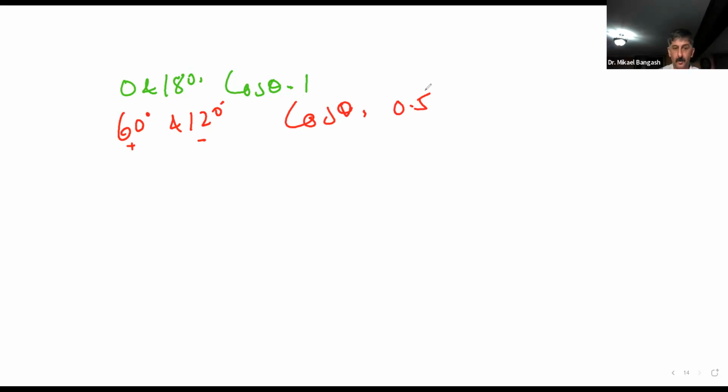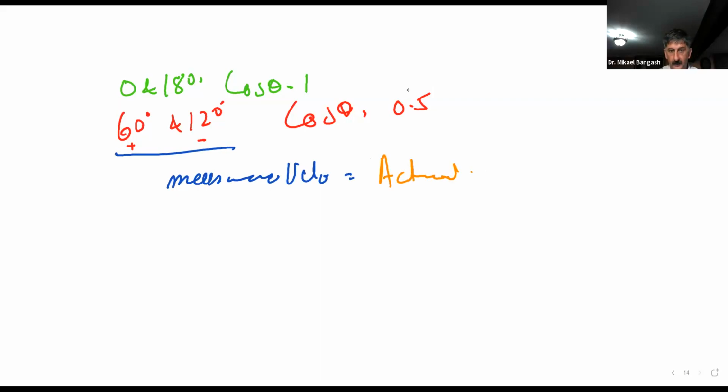At these angles, the measured velocity is going to be equal to the actual velocity multiplied by the cosine theta value.